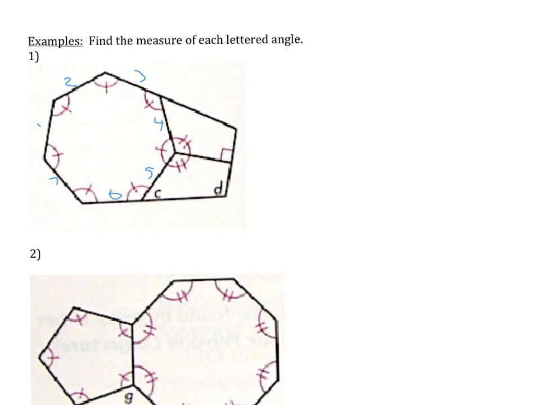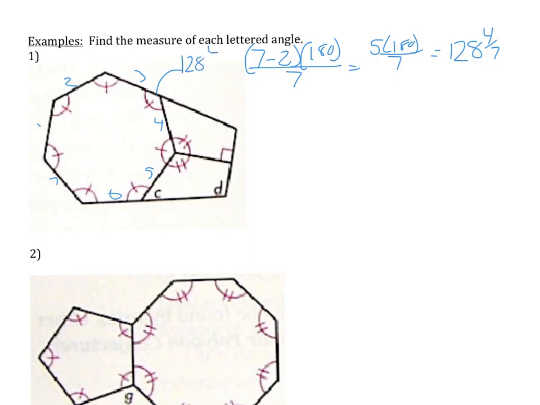So I want to find out what each one of those angles are. I'm going to do 7 minus 2 times 180 divided by those 7 sides. That's 5 times 180 divided by 7 comes out to 128 and 4/7. So each one of these is 128 and 4/7.